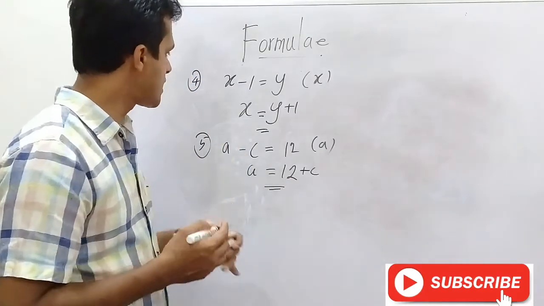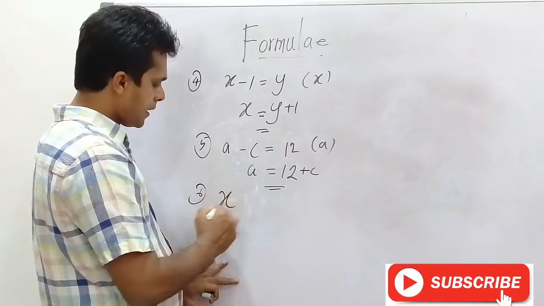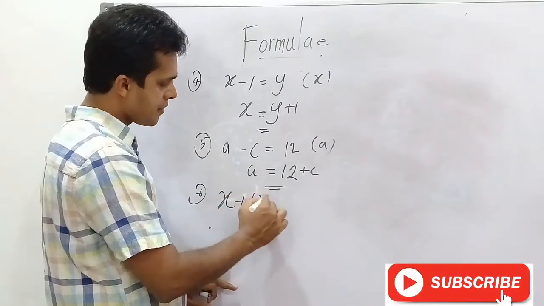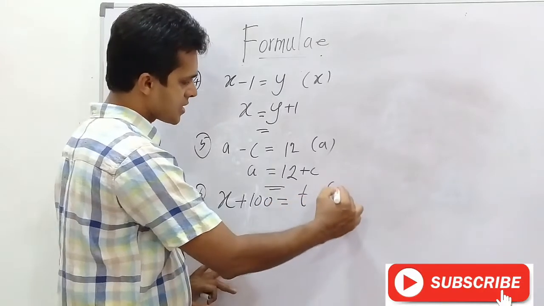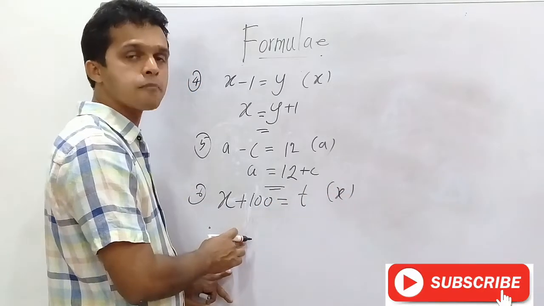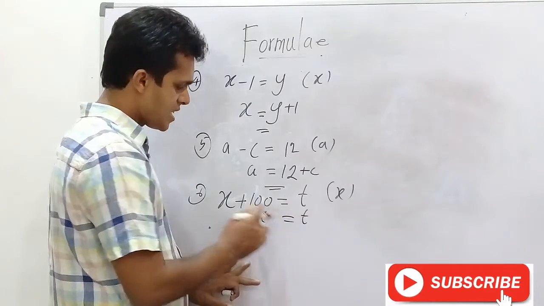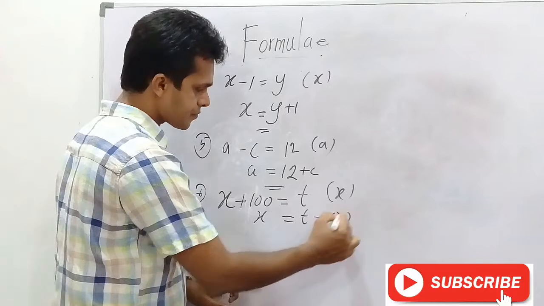Now think of this one: x plus 100 equals t. Let's write the term x as the subject of this formula. x equals t, plus 100 becomes minus 100.